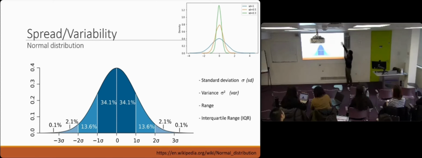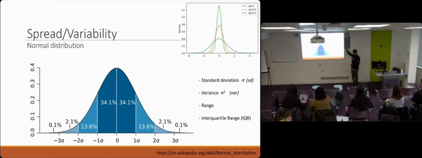Now this is one example. If you look at the blue one, it has a standard deviation of 1, the orange one has 0.5, and the green one has 0.3. So the smaller the standard deviation is, the narrower it is. The higher the standard deviation is, the wider it is, right? It is widely spread then, right?